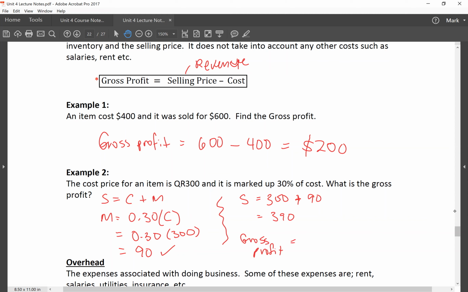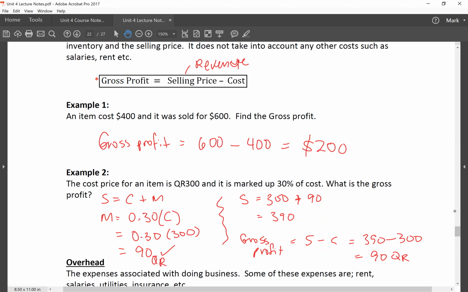Gross profit is my selling price minus the cost, or 390 minus 300, 90. Done. Or sorry, not $90, 90 reals. So it is the same as markup.